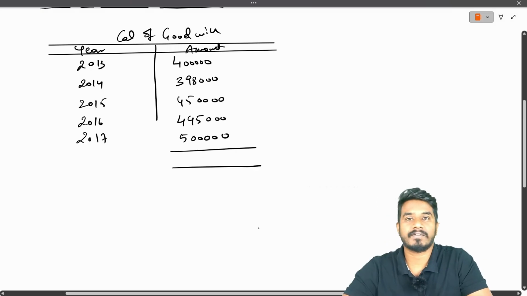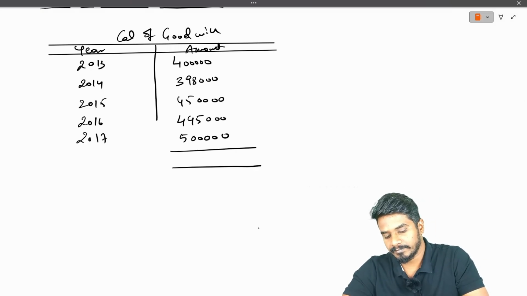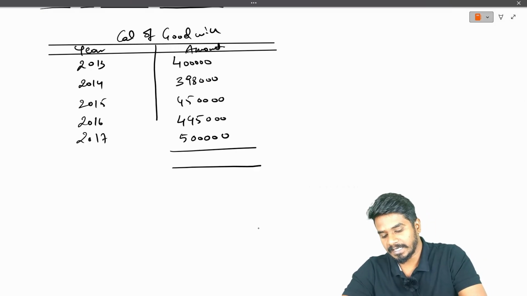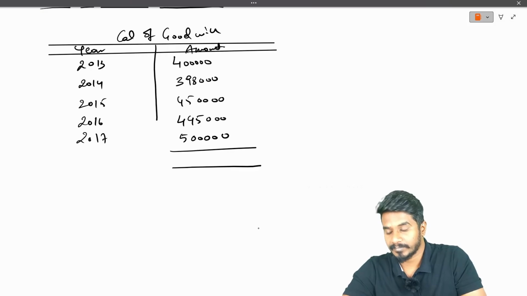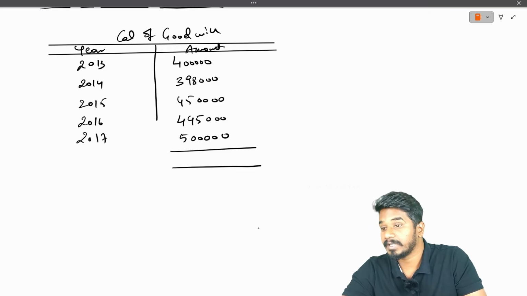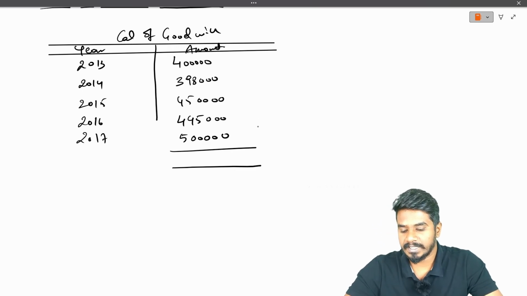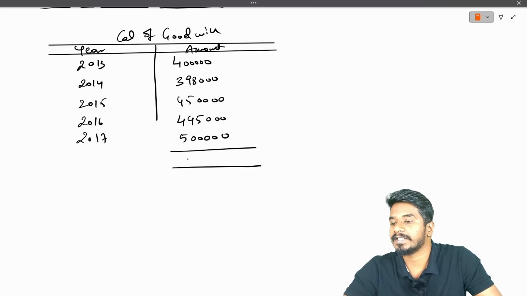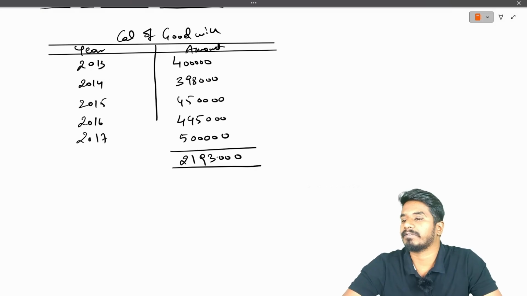So total the profits first. 4 lakh rupees plus 3 lakh 98,000 plus 4 lakh 50,000 plus 4 lakh 45,000 plus 5 lakh rupees. So total profit is 21 lakh 93,000 for 5 years.